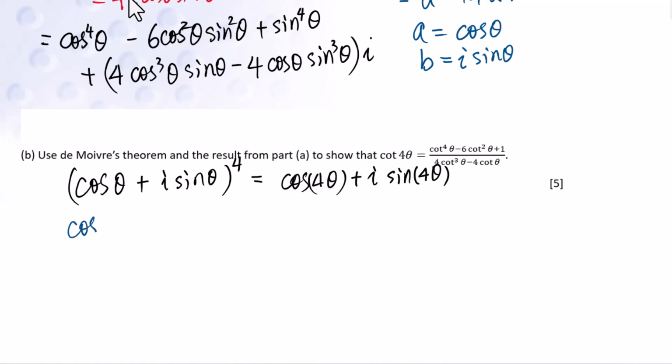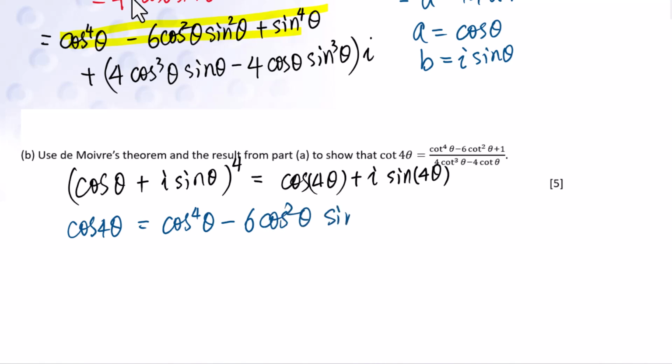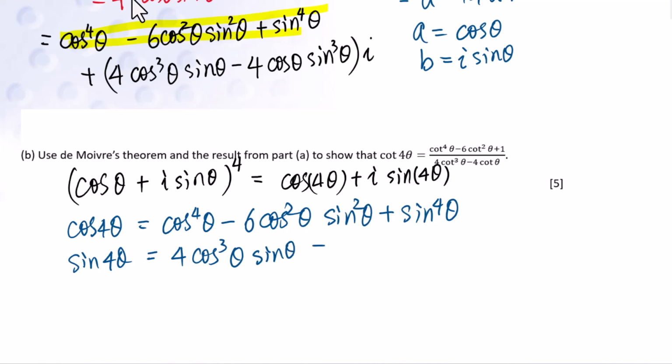Therefore, cosine 4 theta equals cosine fourth power theta minus 6 cosine squared theta sine squared theta plus sine fourth power of theta. Sine 4 theta equals 4 cosine cubed theta sine theta minus 4 cosine theta sine cubed theta.